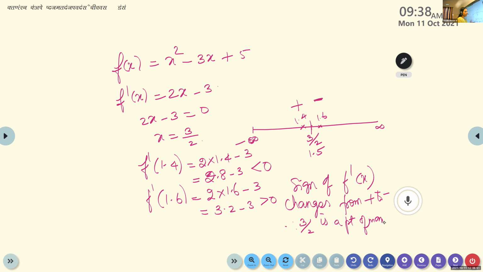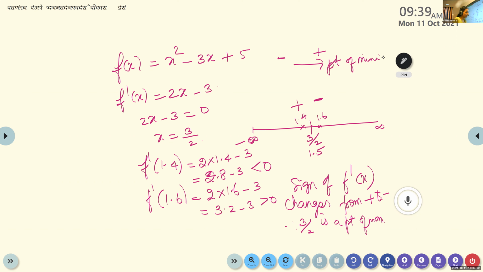If it is changing from positive to negative as the value of x is increasing through the critical point, then 3 by 2 is a point of maxima. Suppose it is changing from negative to positive, it is a point of minima. This is what we call the first derivative test. This method only we call the first derivative test.